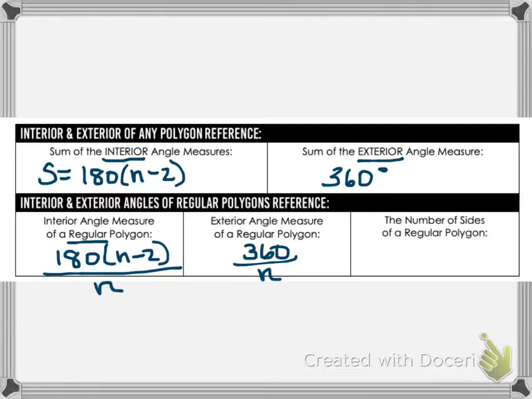Yeah, so the number of sides would be 360 divided by the angle measure of the exterior angle.